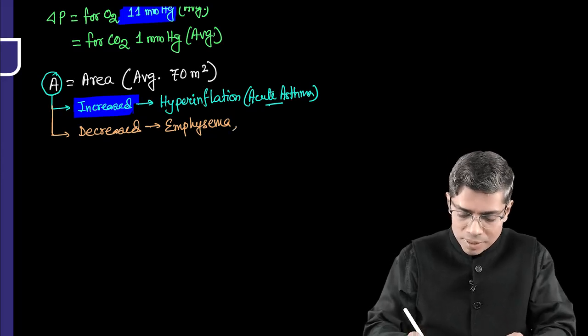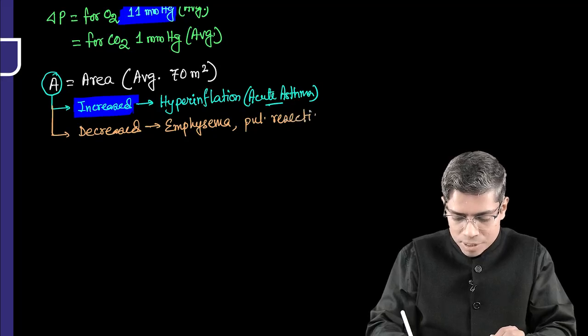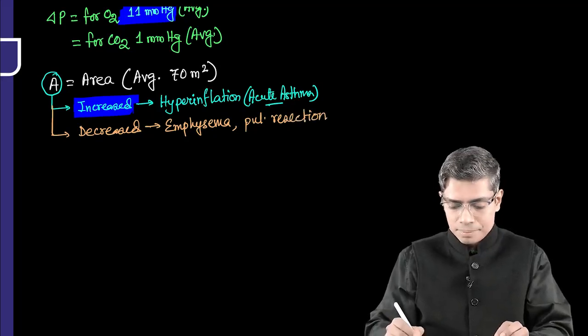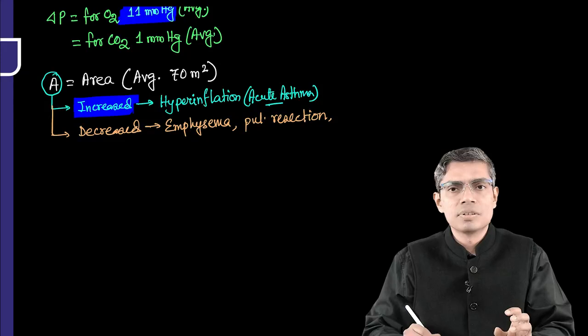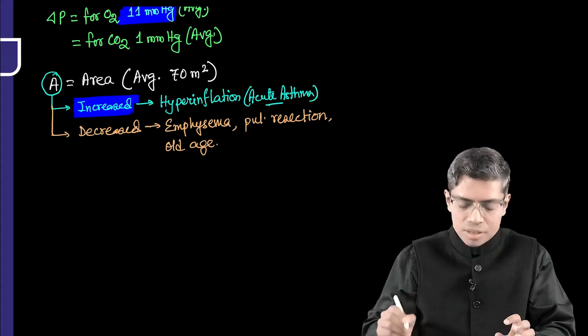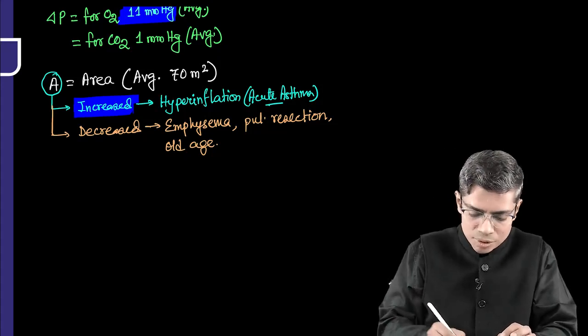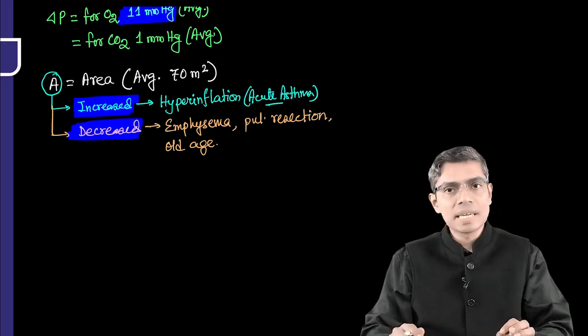Also in pulmonary resection, where there is surgery and resection of some part of the lung, the diffusion capacity will be decreased. And obviously in the old-age lung, due to destruction of some of the alveoli, the diffusion capacity of the lung also decreases, right? So this is about A.